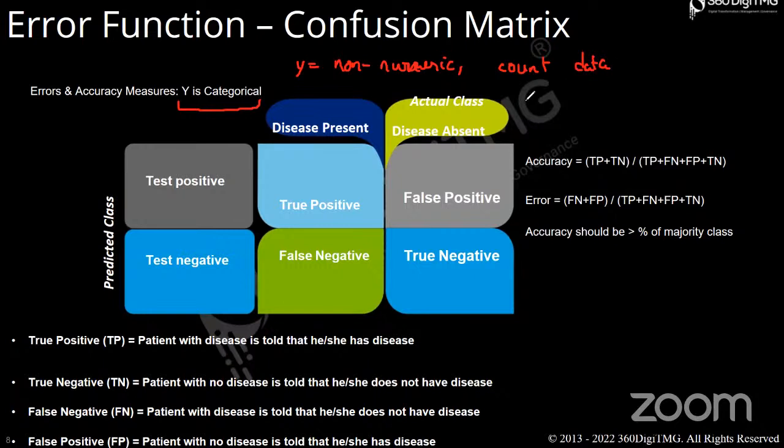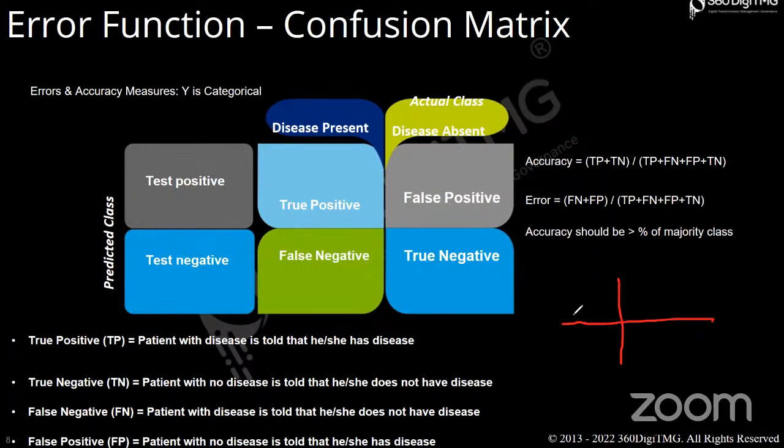In the confusion matrix, you are checking how many actual results you are getting correct and how many of them you are getting incorrect. So this is your confusion matrix. You have true positives here. This is your positive class and this is your negative class for the predicted values.